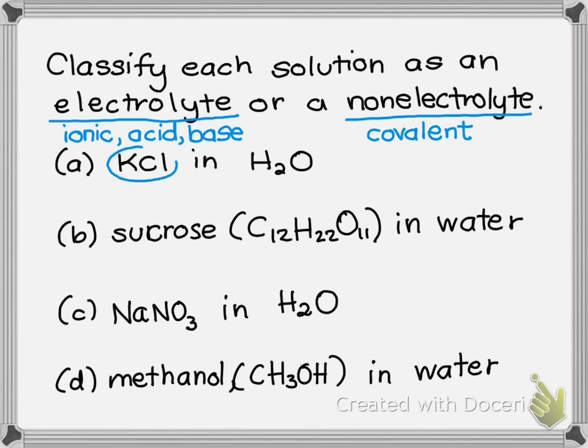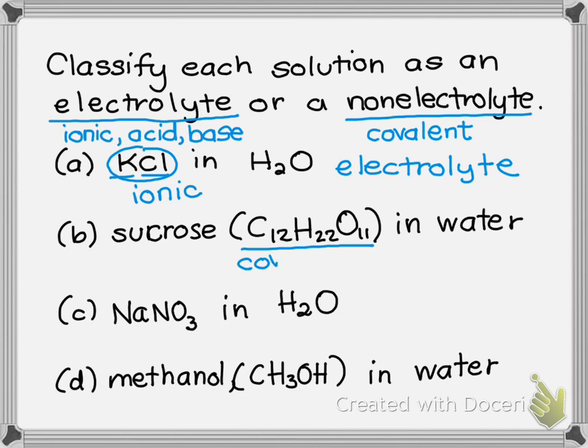So KCl is ionic because it has a metal and a nonmetal. So if I dissolve it in water, it's going to be an electrolyte. Sucrose, looking at the formula here, it's a form of sugar, and it has carbons, hydrogens, and oxygens, which are all nonmetals.